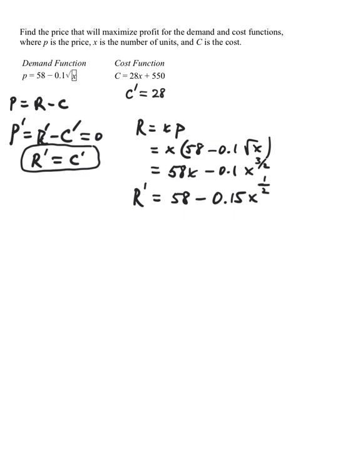Now, from the boxed in equation, r prime equals c prime. 58 minus 0.15 x to the half. You can rewrite that as square root of x if you like. That really doesn't matter. Equals, and this is the part we're doing, 28, and that's from our c prime, the derivative of the cost function.